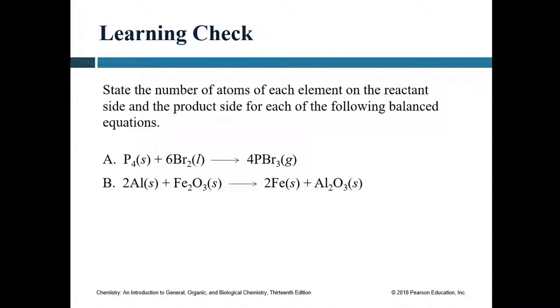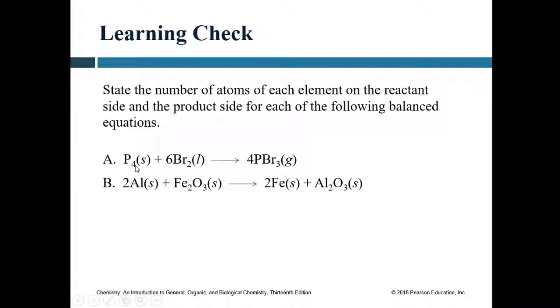Now let's look here. State the number of atoms in each element of the reactant side of the following balanced equations, the reactant side and the product side. So the point here is they're just checking, can you do the math and figure out how many atoms of each element are on each side. So let's look at the first one.